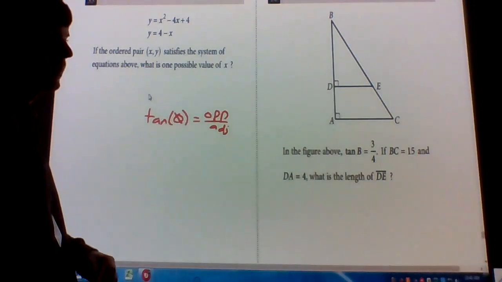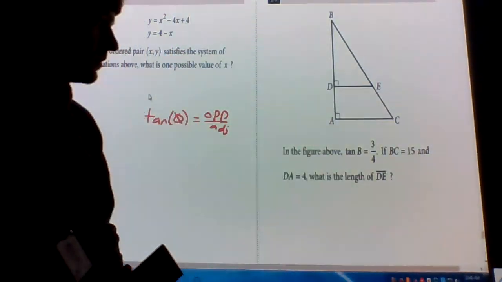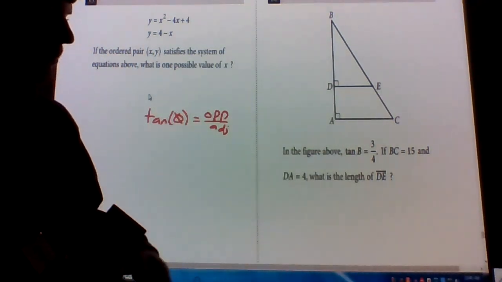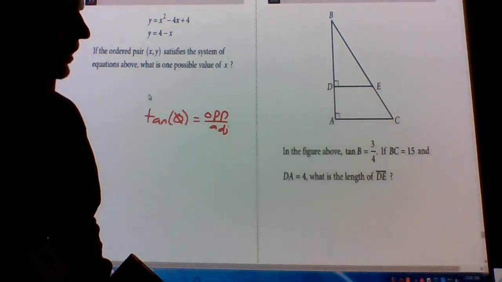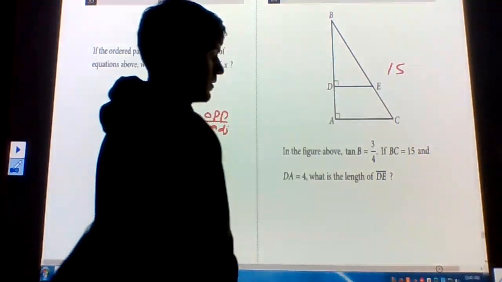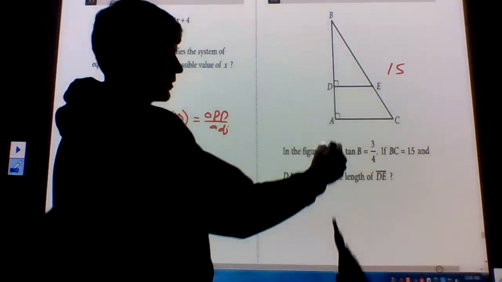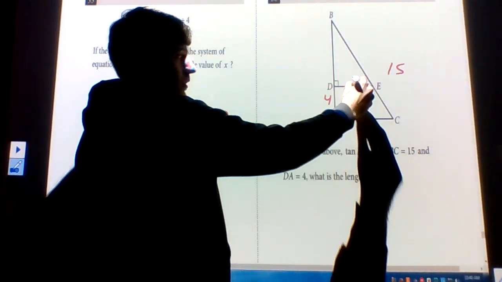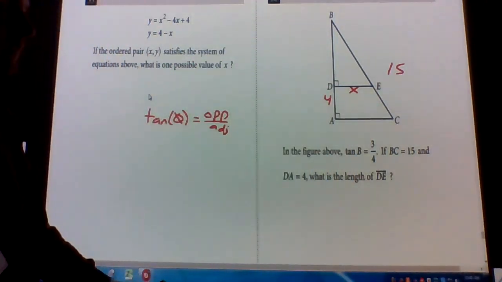So the ratio of this side to this side is 3 to 4. We know BC is 15 and DA is 4. We want to find the length of D.